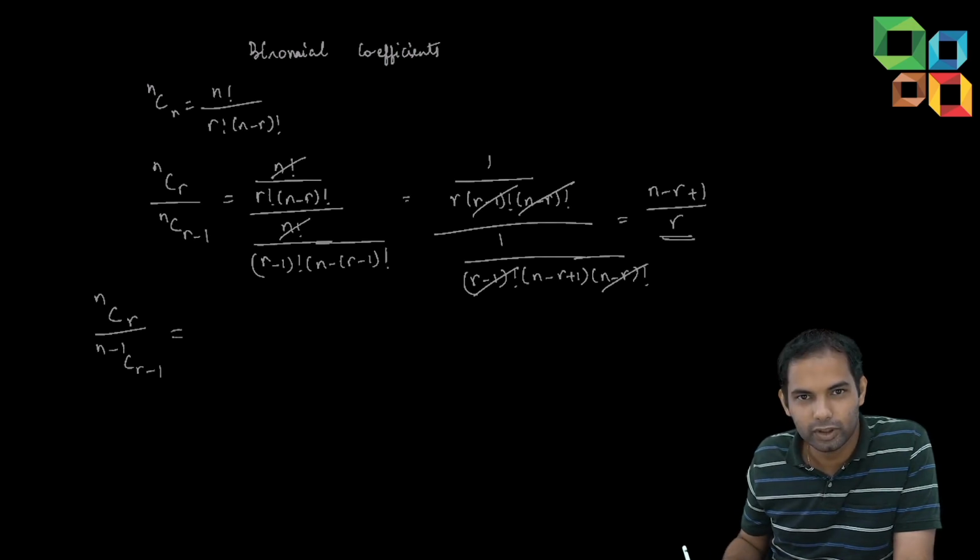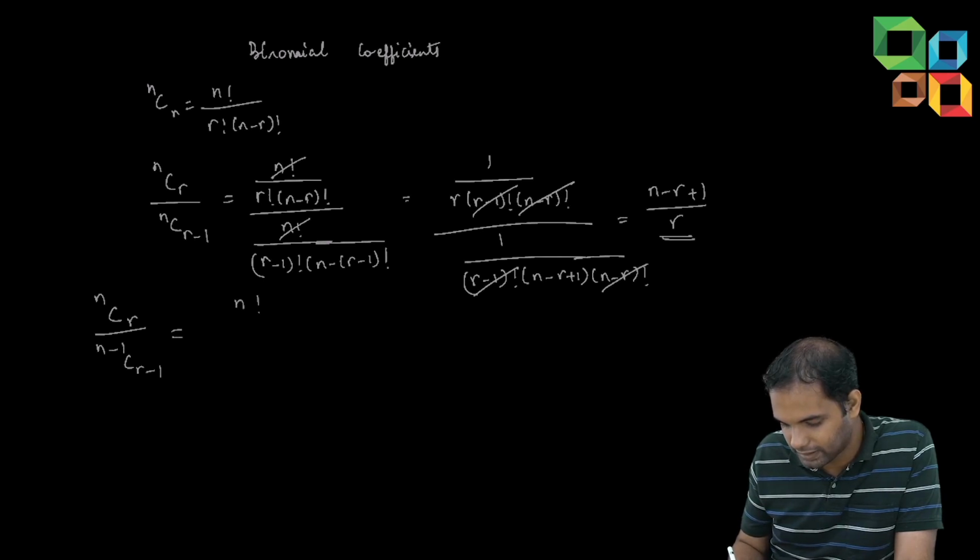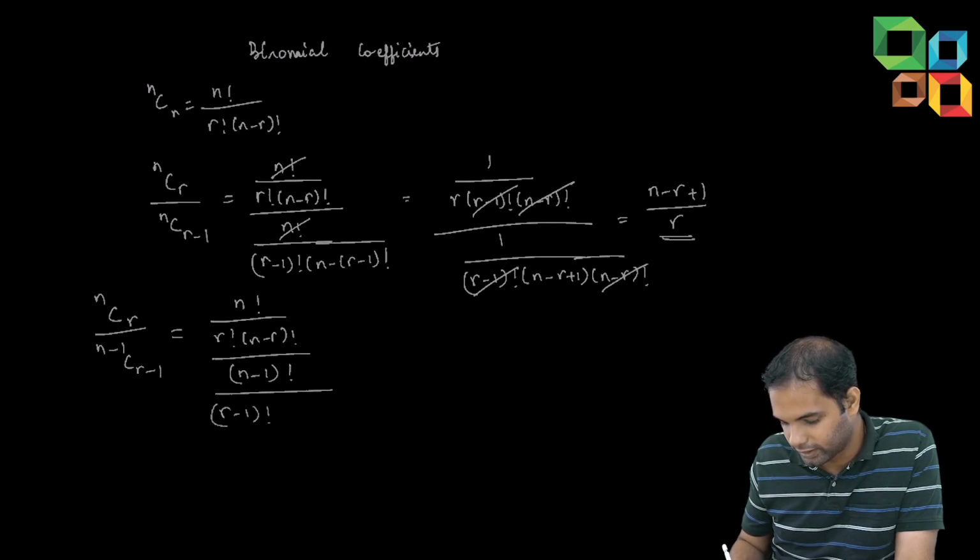Look at the numerator now. It's n factorial by r factorial into n minus r factorial. Denominator is n minus 1 factorial by r minus 1 factorial into n minus 1 minus r minus 1 factorial.